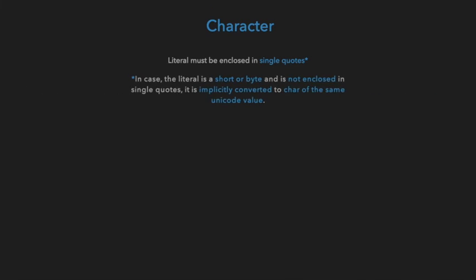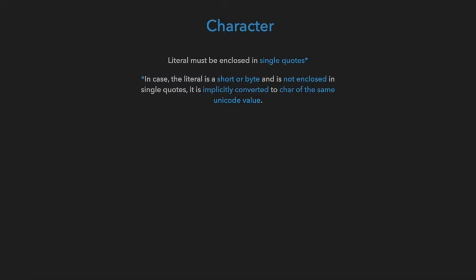Now we come to character. As we saw, a character is just one. It can be an alphabet, or a number till 9, a single digit number, basically. So the literal must be enclosed in single quotes. If you declare something like int A is equal to 5, and then you declare char B is equal to A, that won't happen.